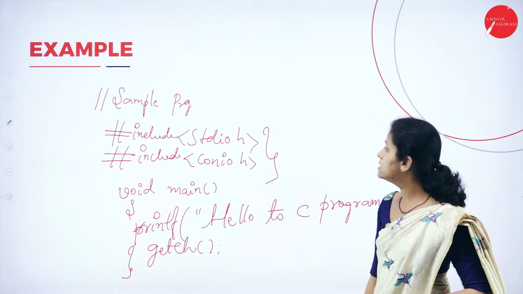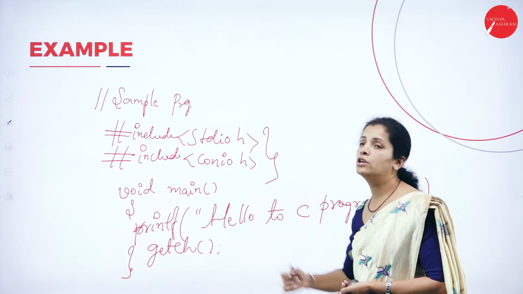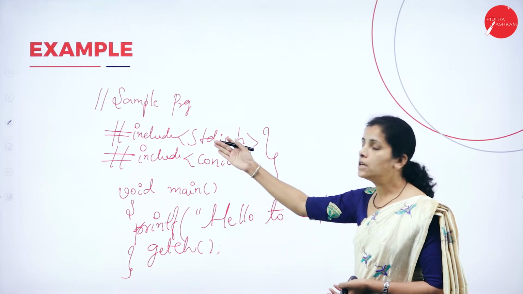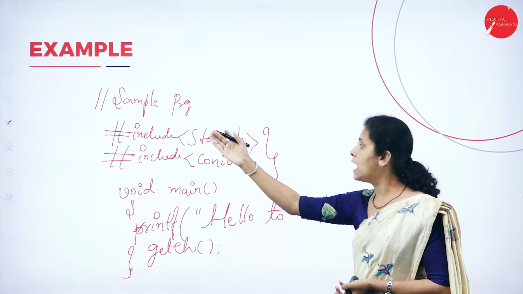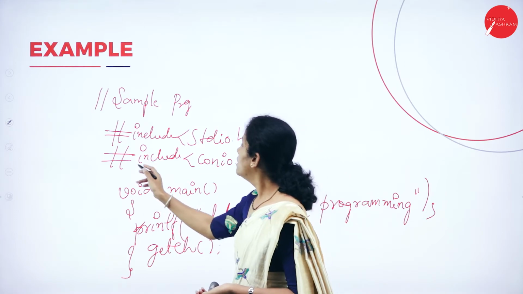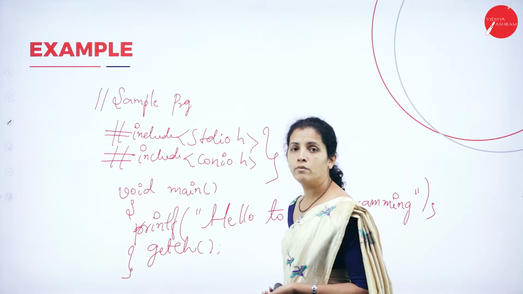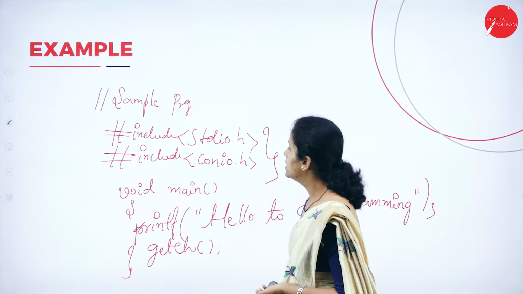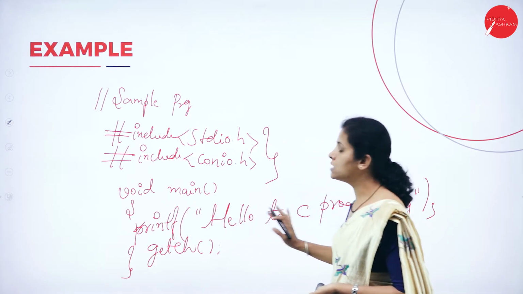So for that reason I'm going to make use of the link section, that is nothing but #include <stdio.h> and #include <conio.h>.